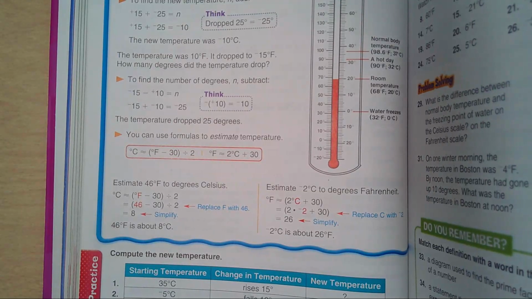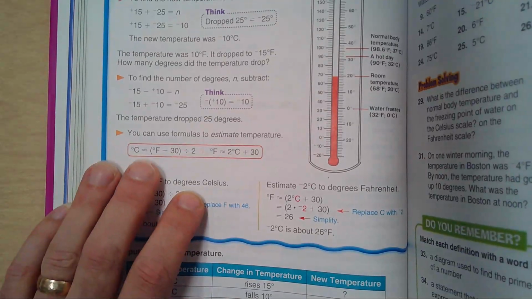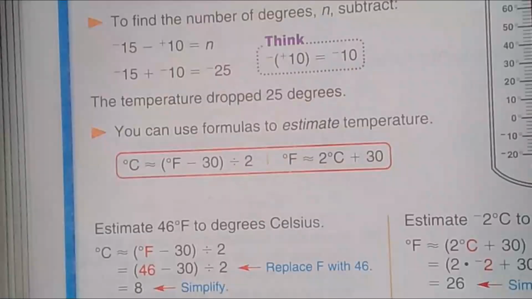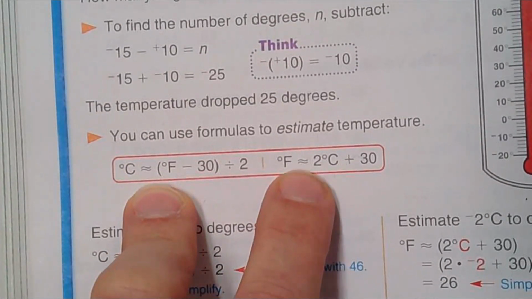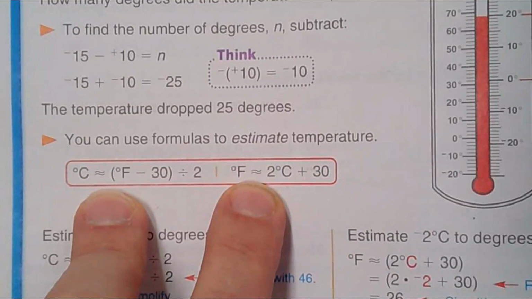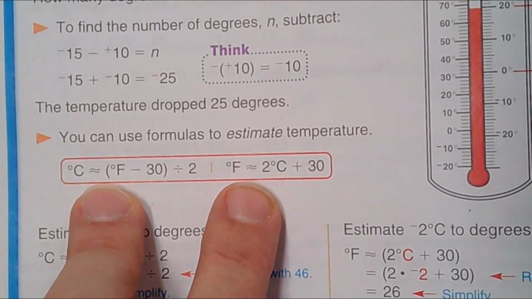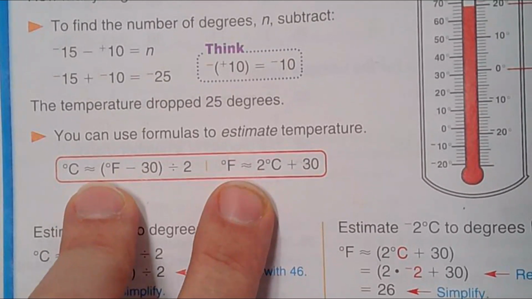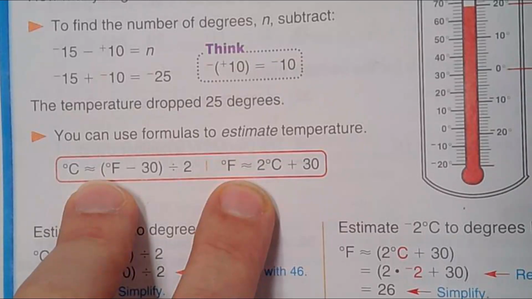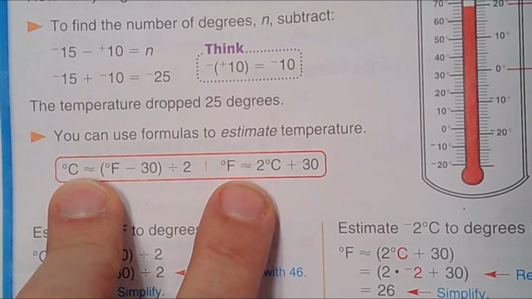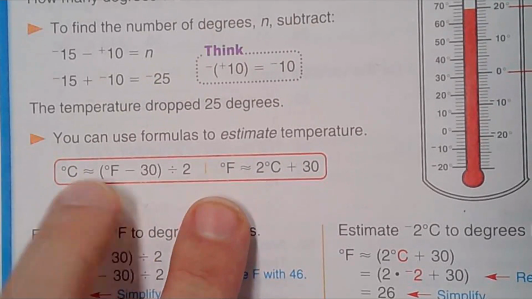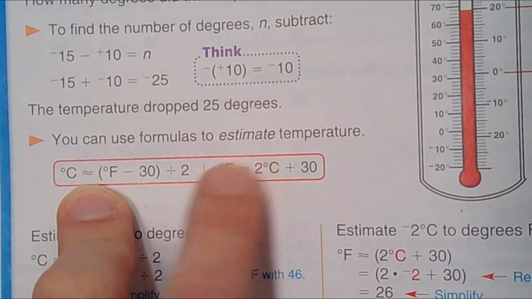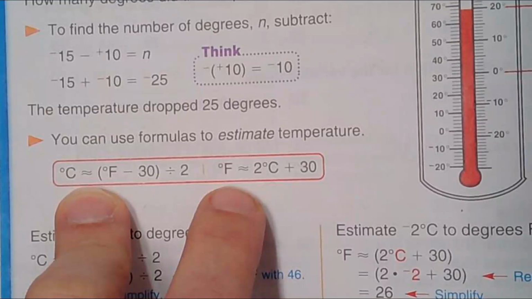It's close enough. If you look even closer, I'll zoom in on it here. See that there? Those aren't technically equal signs. Those are about signs, like the estimating equal sign in a way. This isn't the exact formula. The exact formula has a few more decimals in it, but it's close enough. For all practical purposes, we're going to solve and be done with it.